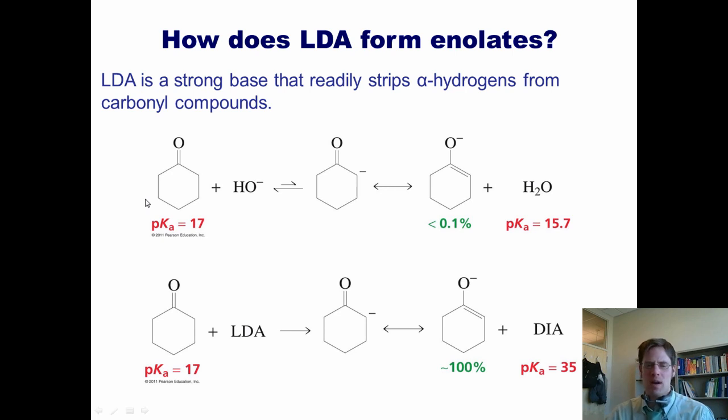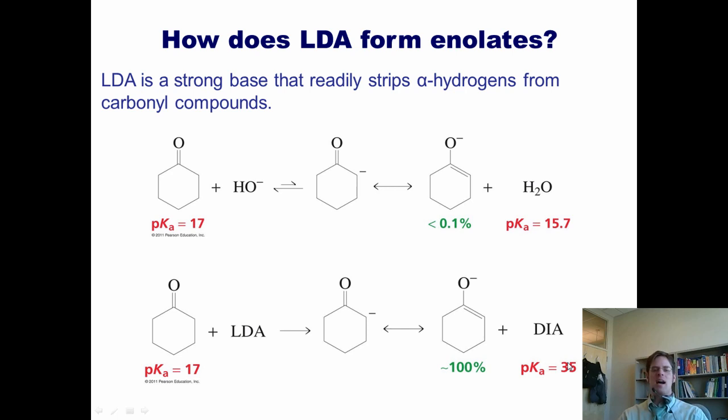Let's compare that with LDA. Once again, the pKa of the alpha proton here in cyclohexanone is 17. When LDA strips that alpha proton, it is converted into diisopropyl amine. The pKa of the diisopropyl amine is 35.